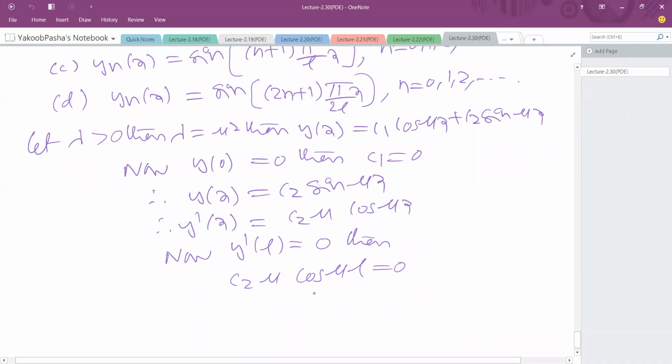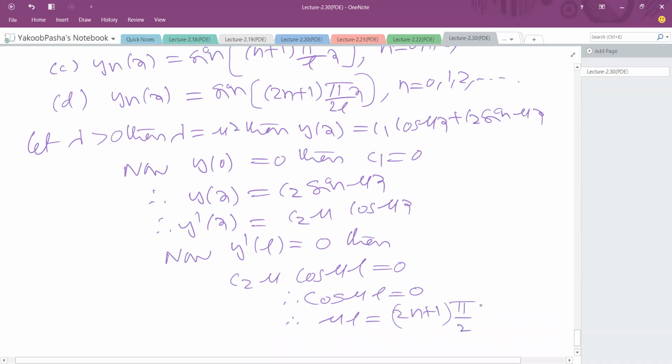For this we can equate cos mu L equal to 0. When cos theta is equal to 0, theta is equal to 2n plus 1 into pi by 2.